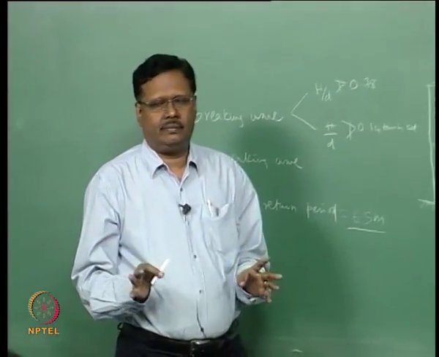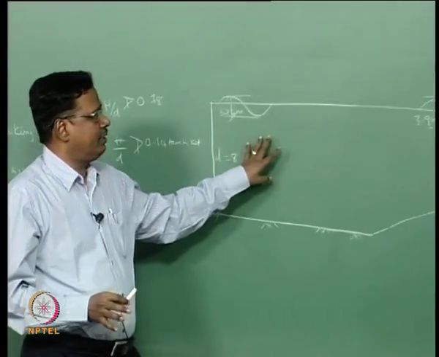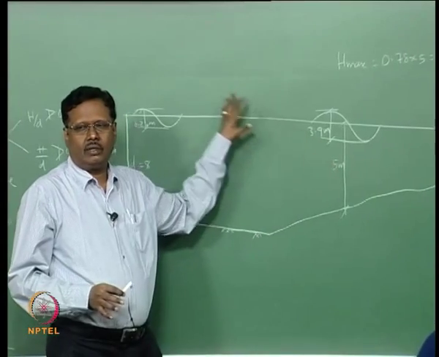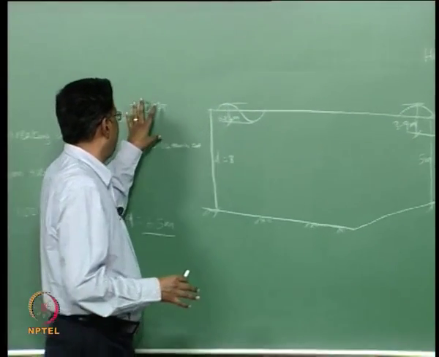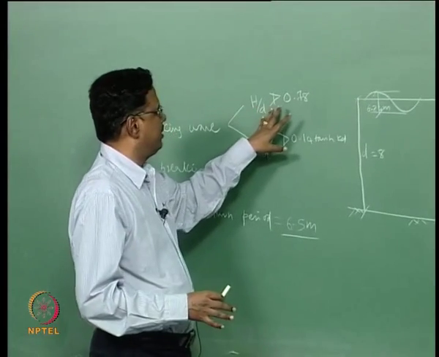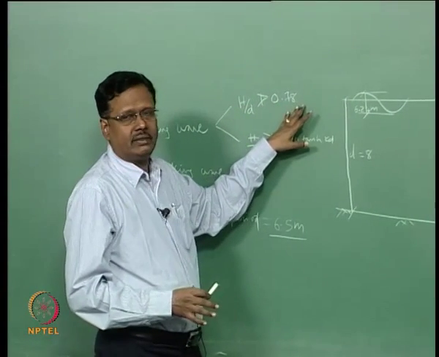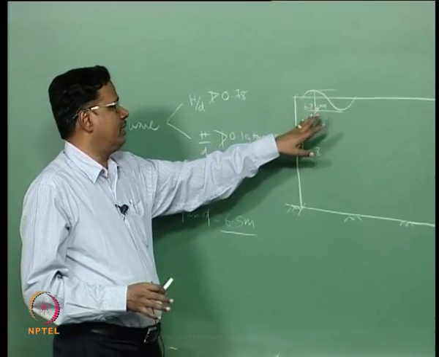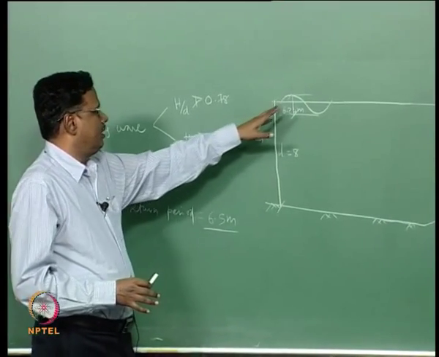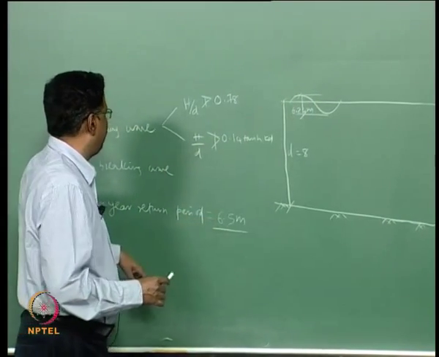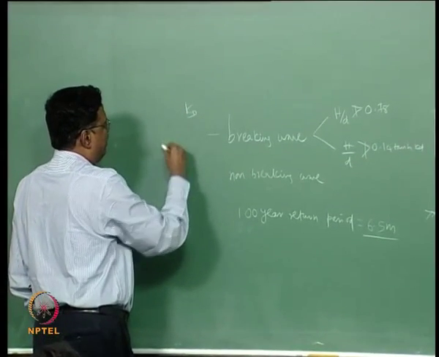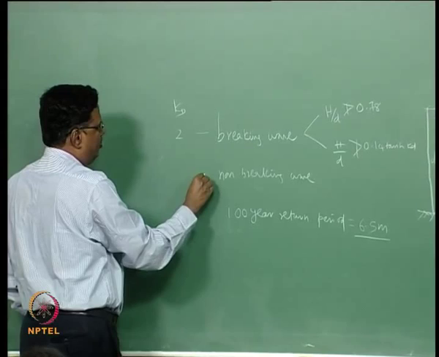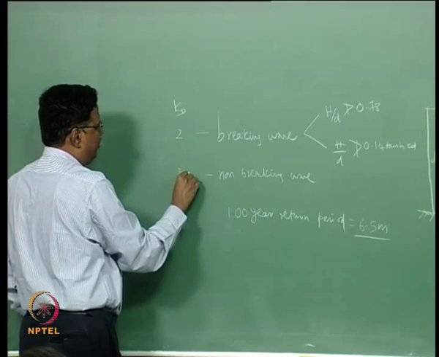The answer is the same for both the cases of 8 meter and 5 meter. Whatever wave heights you are getting by using this formula, H by d is equal to 0.78, then you have to assume these waves as breaking waves, and the stability coefficient K d for breaking wave is 2, for non-breaking wave it may be between 3 to 4.